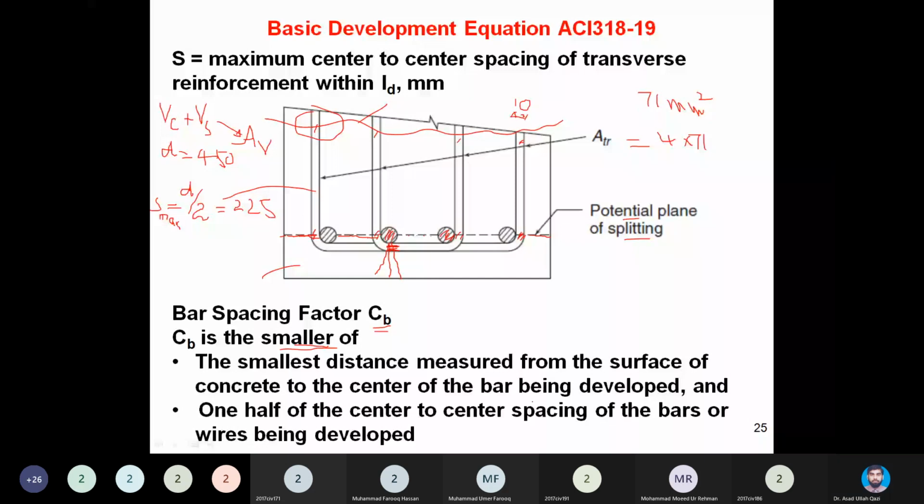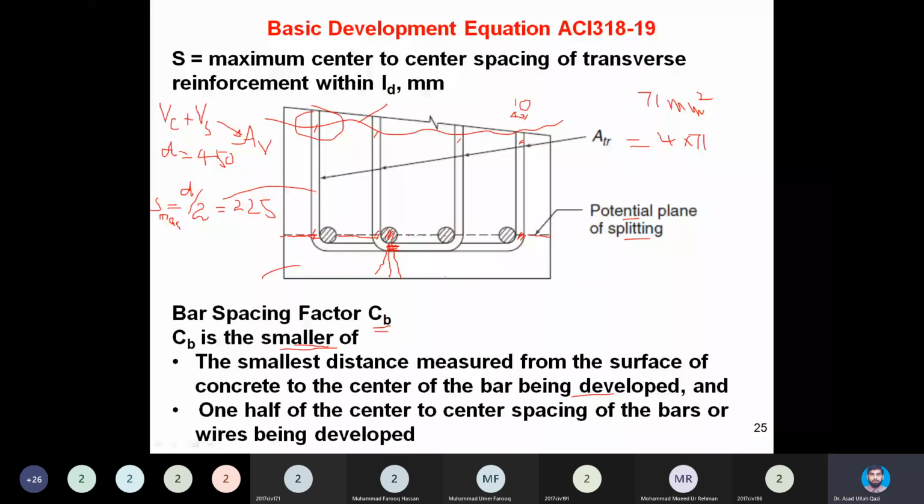So suppose I am working on this bar and calculating the smallest distance from center to the surface of concrete.